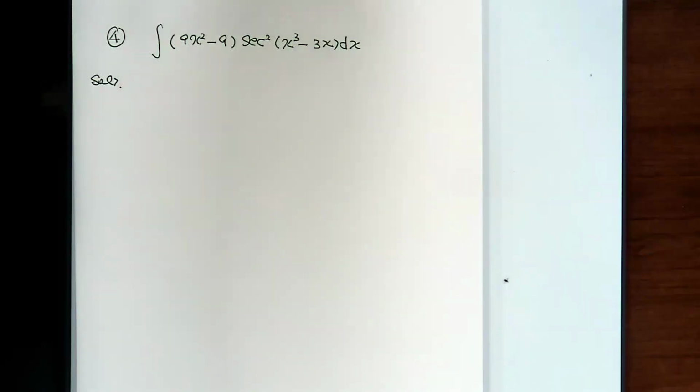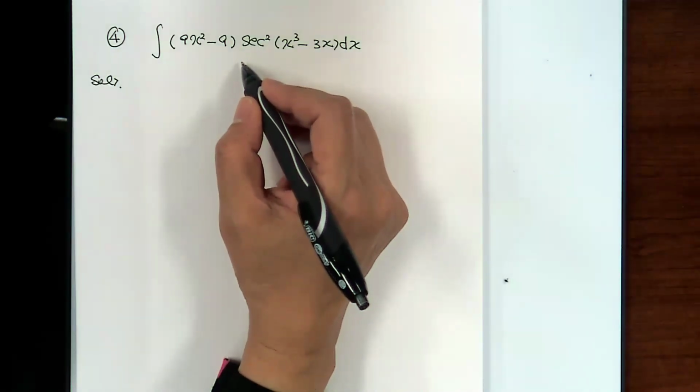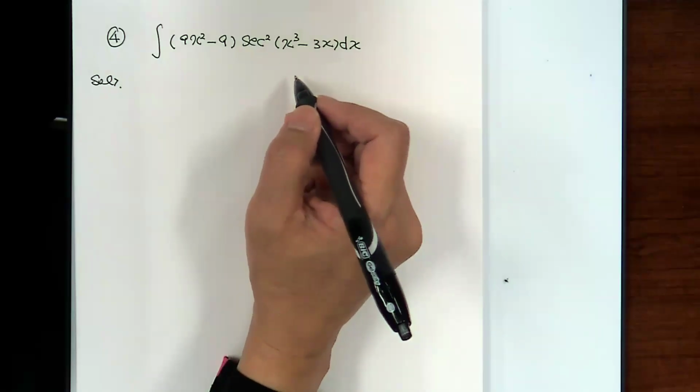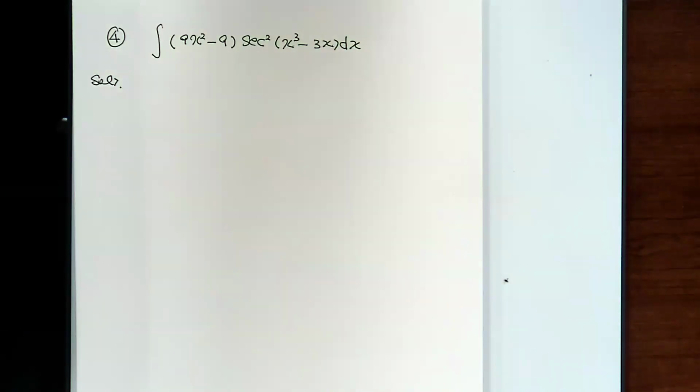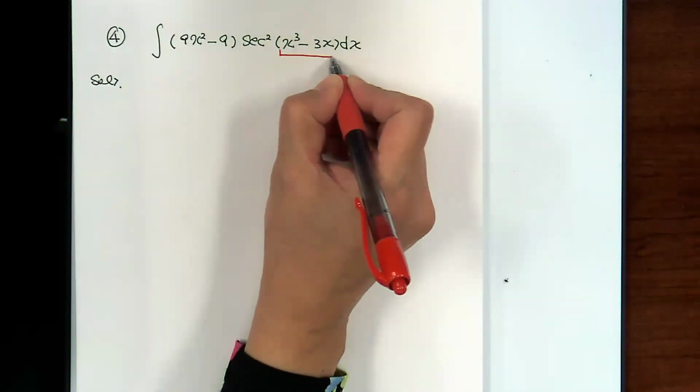This is a product of functions, so we can consider substitution, and we have to identify which one is which. This is a secant squared function, but the inner function is a little bit more complicated.